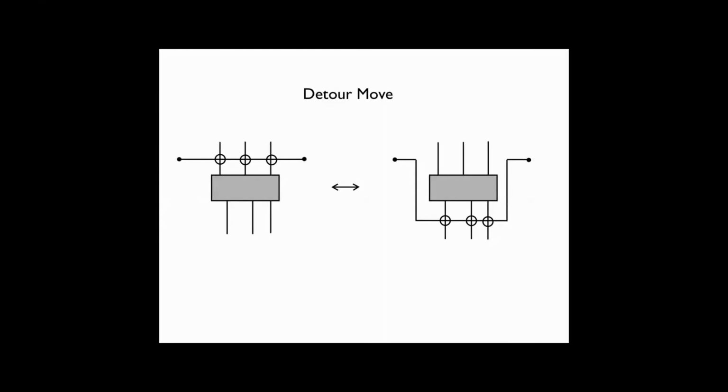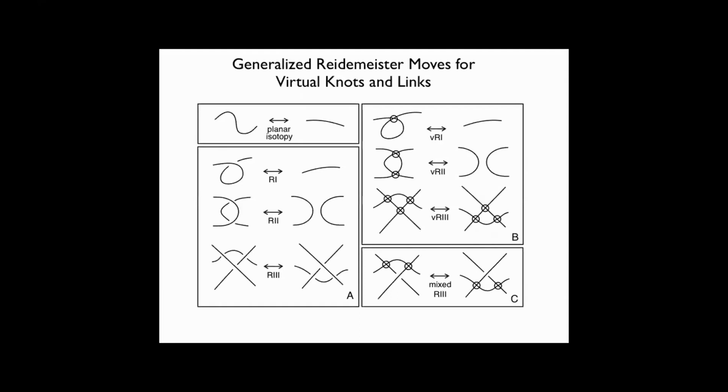All of the virtual moves that you saw on the right can be summarized by saying that they are detours. That is, if you have a consecutive collection of virtual crossings, you can cut them out and reroute it somewhere else. So it's easy to remember what the virtual moves are. They're all detours. Look back at the moves on the right over here, and you'll see that.